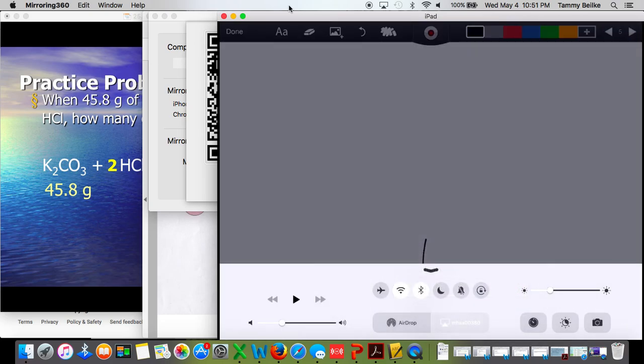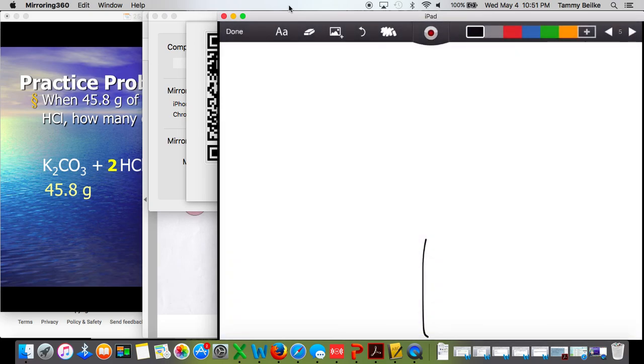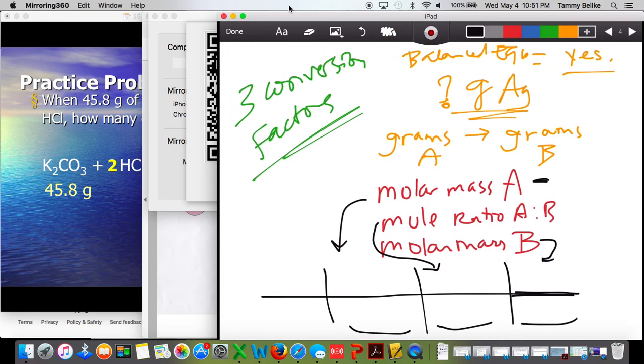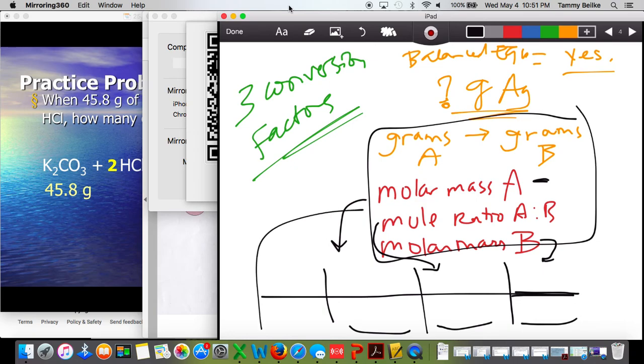We are going from grams to grams, and remember our last time we did grams to grams, we used these conversions. So we're going to use this same setup.